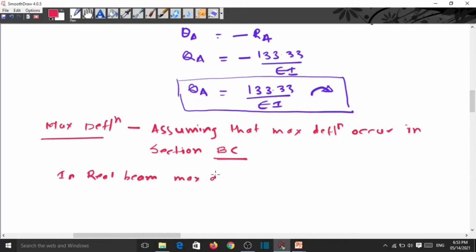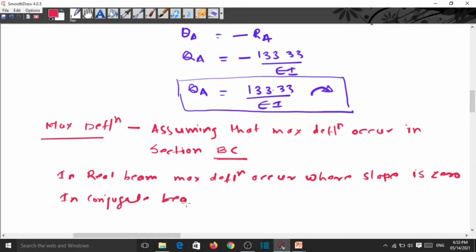So in the conjugate beam, this maximum deflection occurs where the shear force is 0, because slope is the shear force in the conjugate beam.